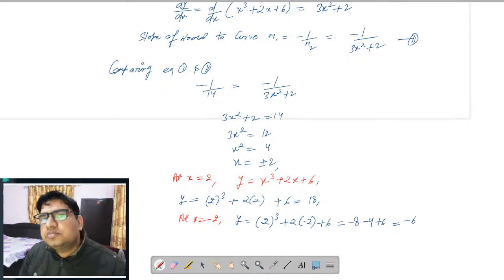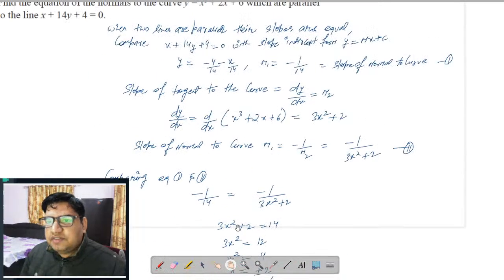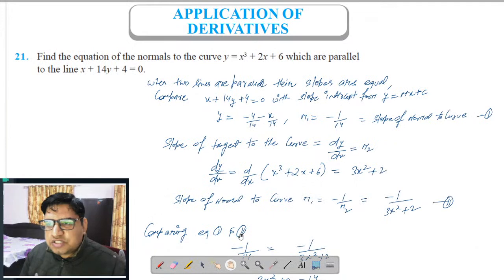Okay, so we get 2 points. The one is 2 and 18 and the other one is minus 2 and minus 6. Okay, and what we need to find out is equation of normals to the curve.